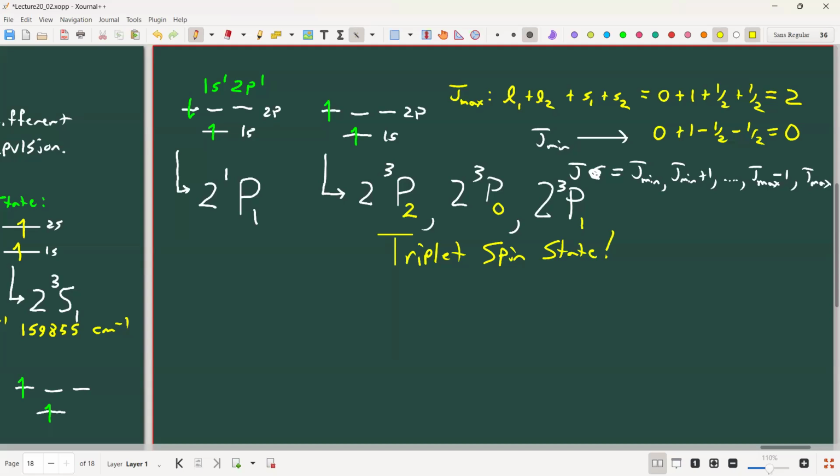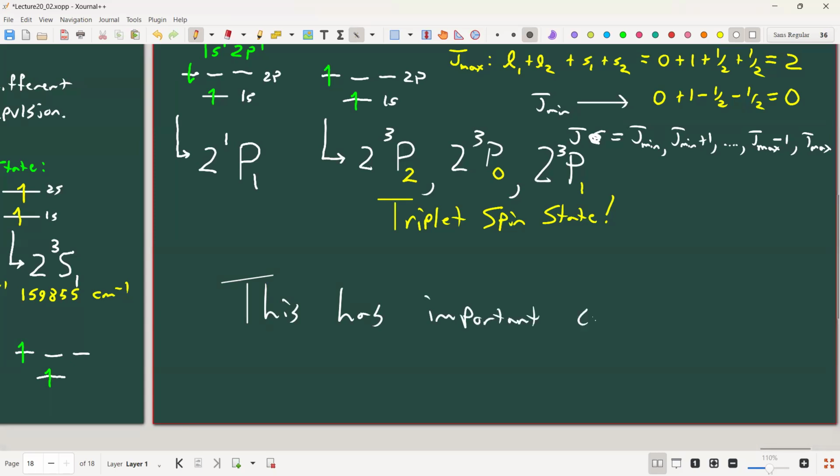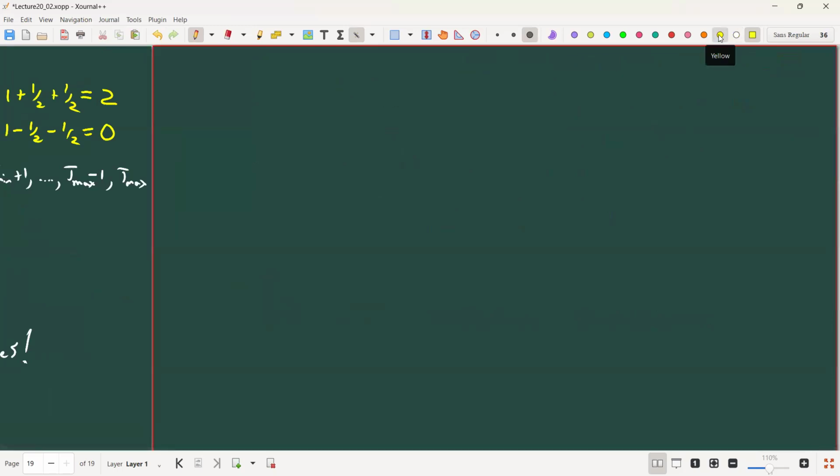Now, one of the really interesting things about atoms is that this has important consequences. And let me explain those important consequences. First of all, what I want to talk about now is, remember that we're talking about spectra, right?